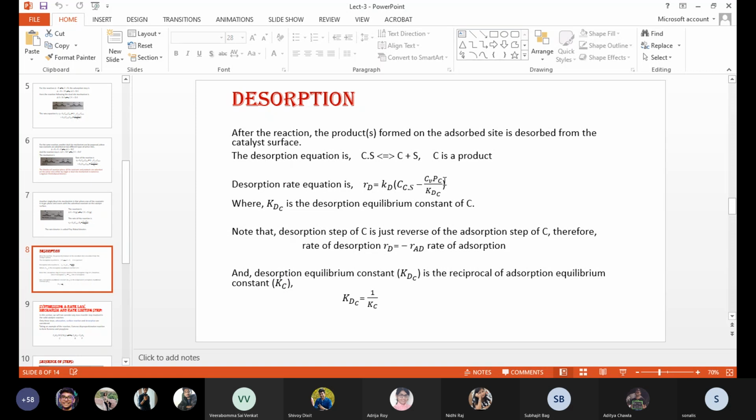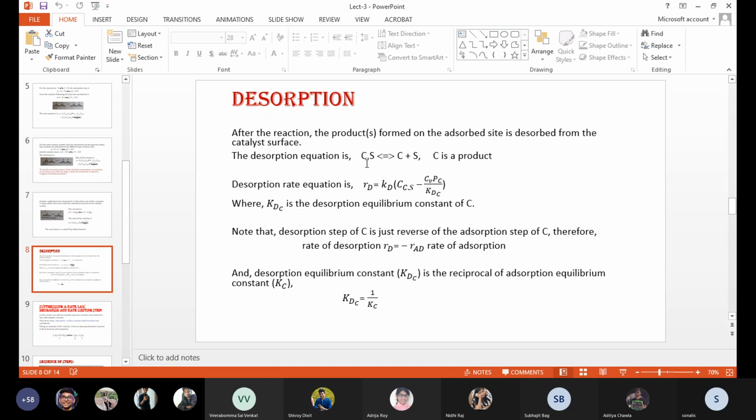So the partial pressure of C is considered, and CV is the vacant site concentration. Similarly, if you take kd out of the bracket, ultimately it gives you KDC, the desorption equilibrium constant of C.